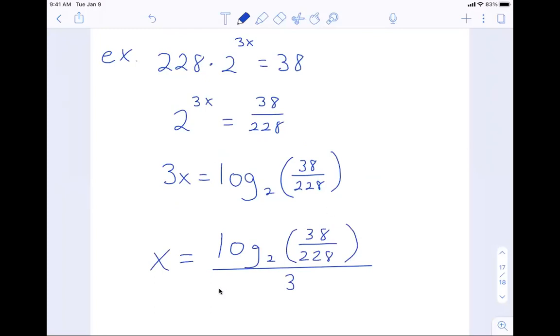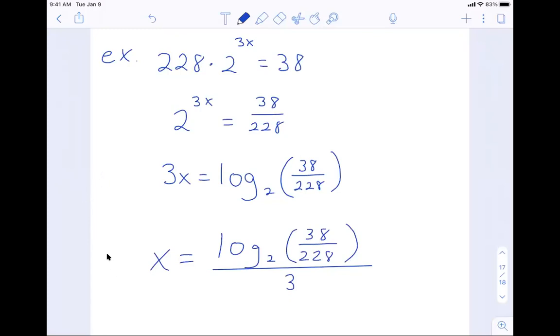So I will do this one on the handheld. So I show a couple different examples. So on the handheld, I want to get to the blue log. So I'm going to hit Control Log, base 2. And in the parentheses, I have, whoops, that's not what I thought would happen.